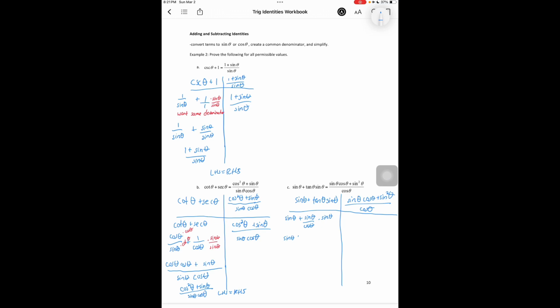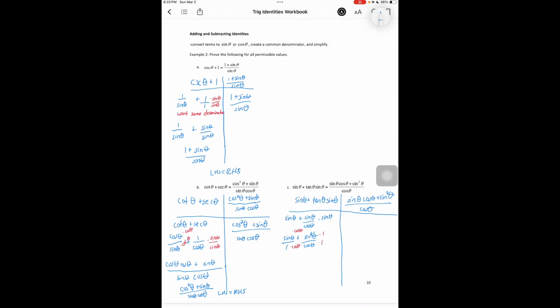And then that's the same thing as having sine theta plus sine times sine is sine squared theta over cos theta. And now we have different denominators, so we're going to multiply by the opposite denominator. So this is going to be multiplied by 1 times 1, and this is multiplied by cos theta times cos theta.